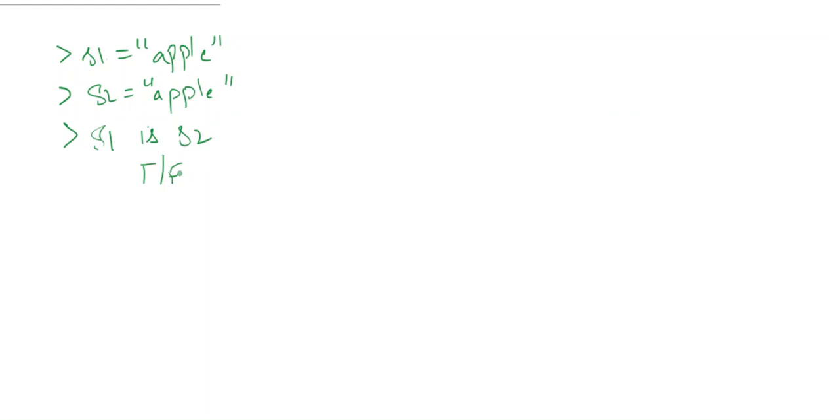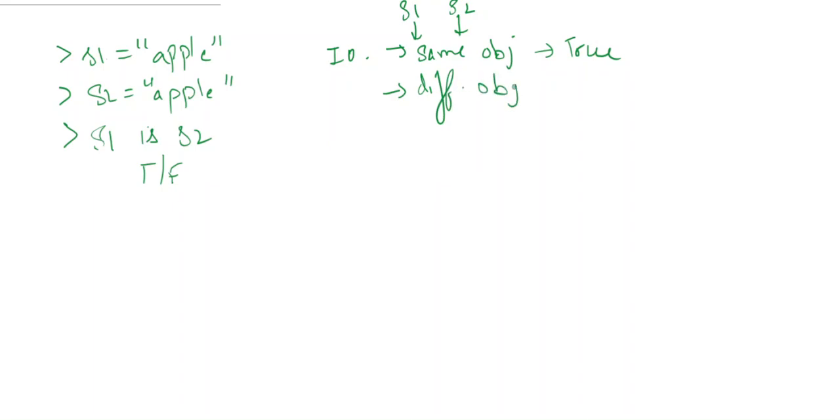Okay. So let's understand how it will work in this case. Again, the identity operator will work in this way: if s1 and s2 both are referring to the same object, then it will return true. And if s1 and s2 are referring to different objects, then it will return false. In this case also, Python has two options, right?